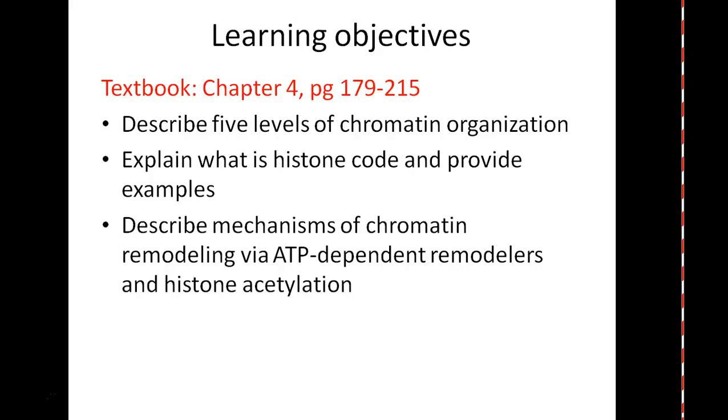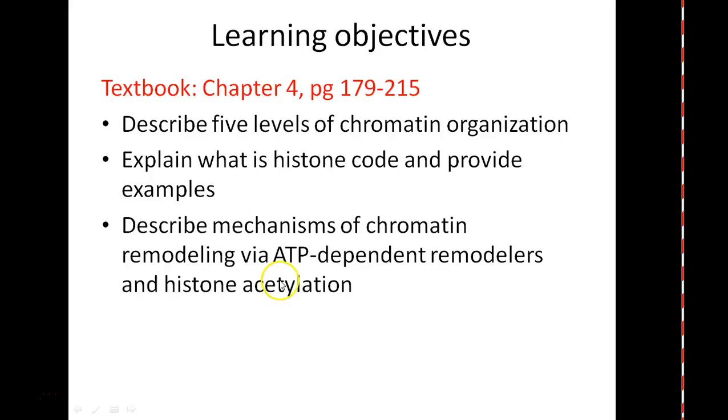And of course, I really want to encourage you to look at those learning objectives and study them. For today's lecture, please focus on 3 main things. Study the levels of chromatin organization. We'll talk a lot about that in a few slides. Also, focus on the histone modifications and histone code, what it means, what it does, what it means for the cell in general, and how it's able to regulate the processes within the nucleus.